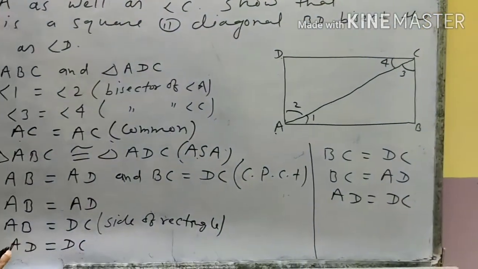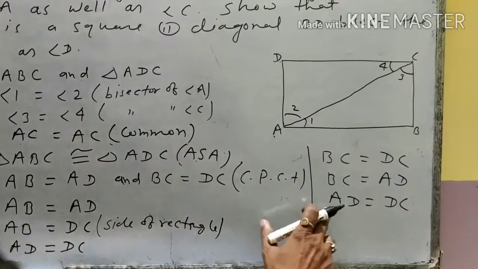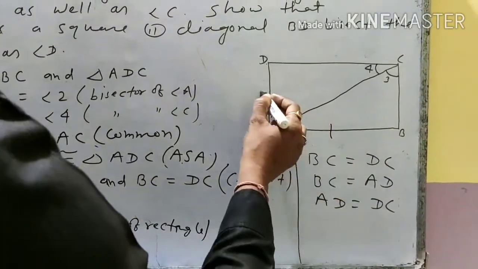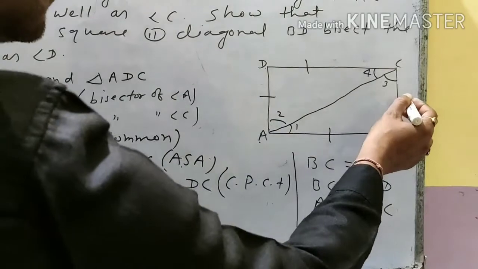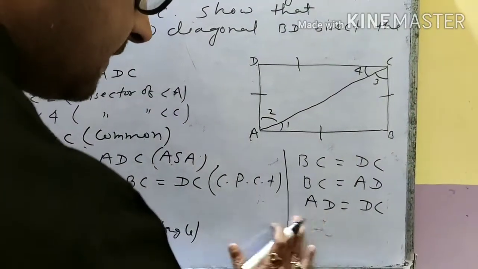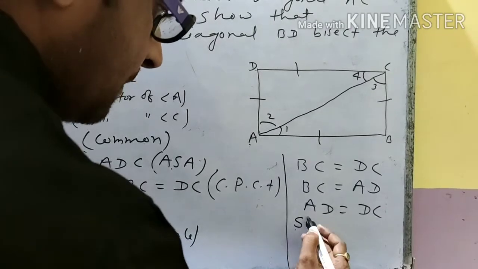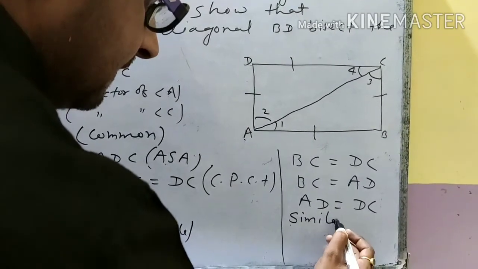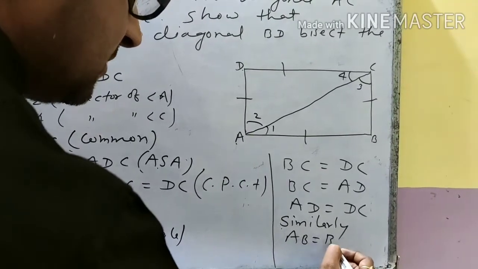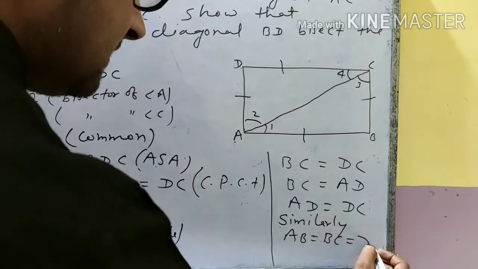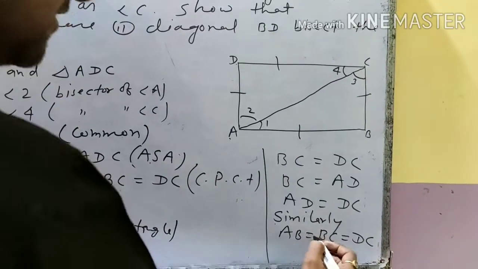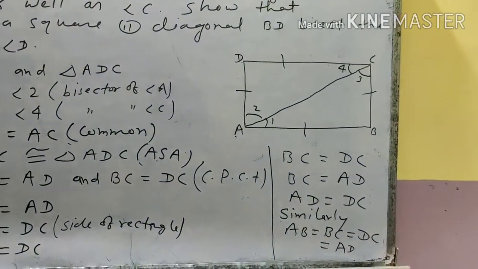In both cases student, look here, AD is equal to DC. That means this side is equal to this side, is equal to this side, is equal to this side. So we can write here in a similar way, AB is equal to BC is equal to DC is equal to AD.